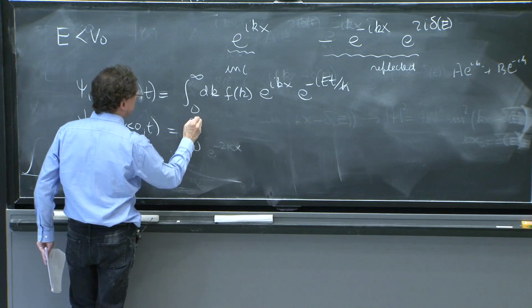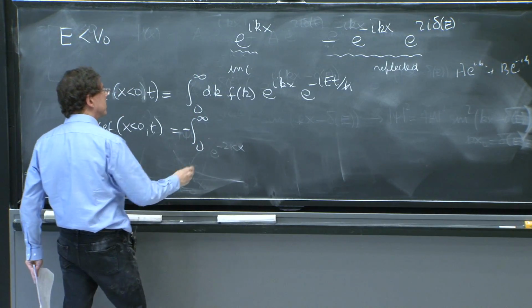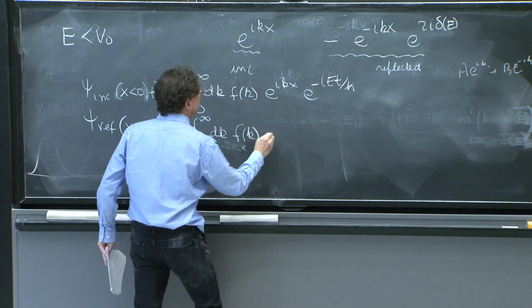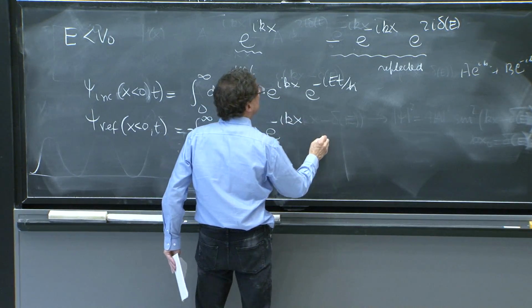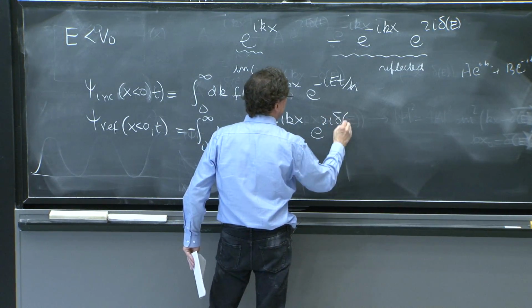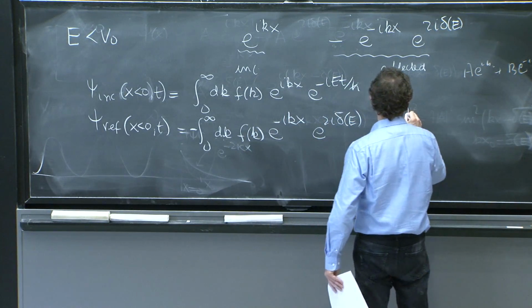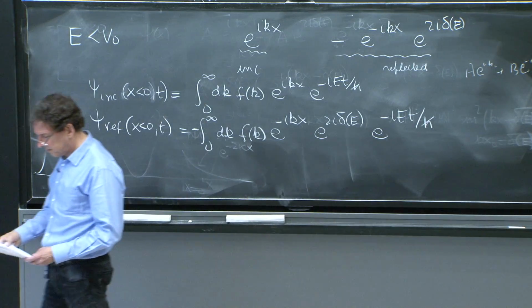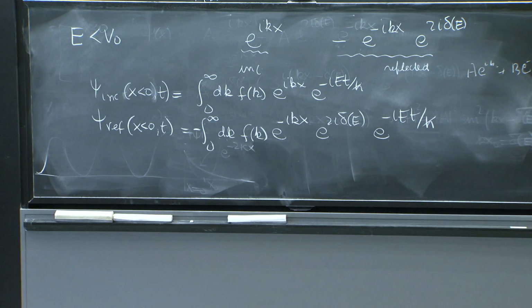And it would be 0 to infinity, a minus in front, because there's a minus, dk f of k e to the minus i kx e to the 2i delta of E e to the minus i E t over h bar. That's the reflected wave superimposed.